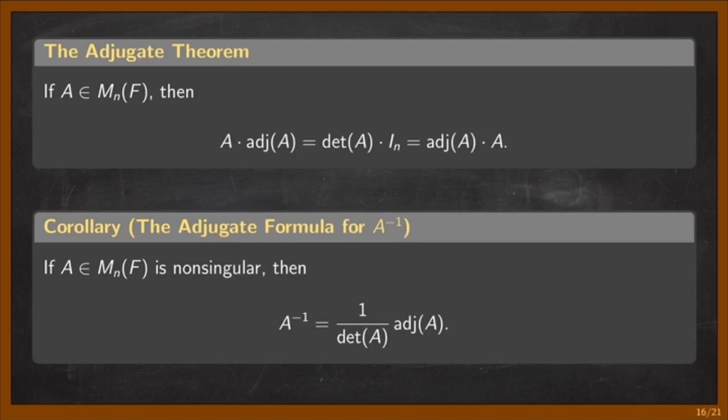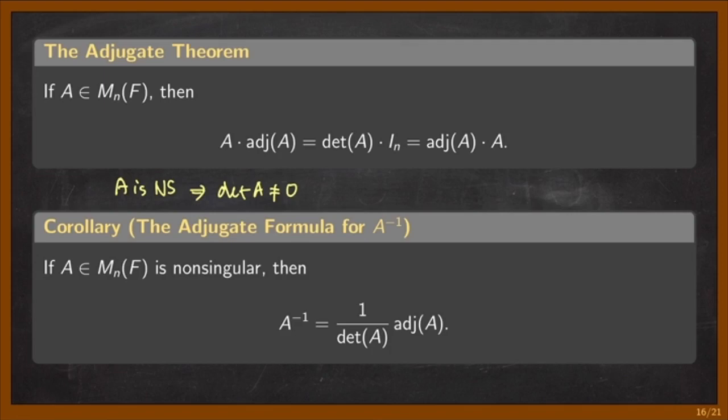Now from here, we can get the formula for the inverse. Why? If A is non-singular, we know that its determinant is not 0. So this number over here is just a scalar that is not equal to 0.